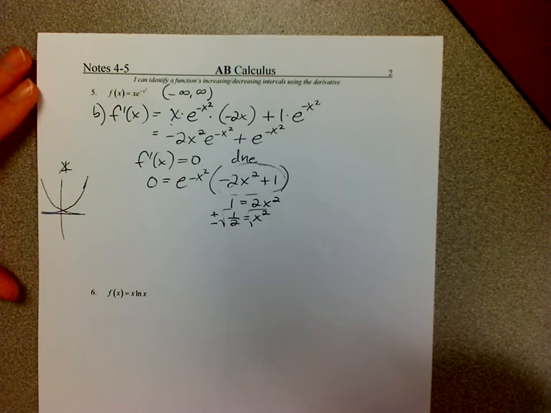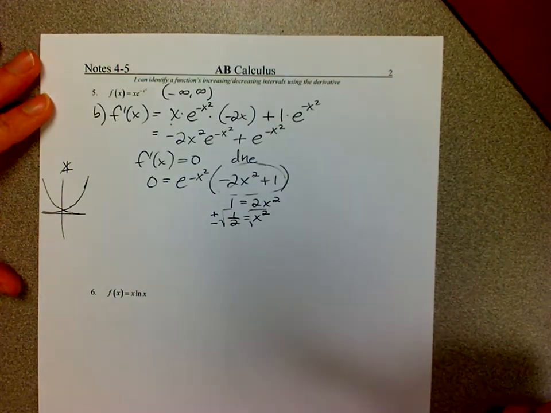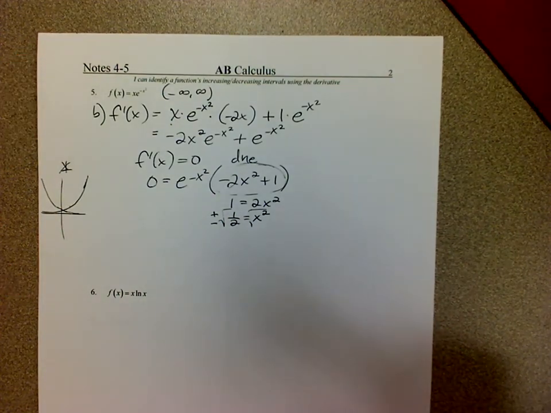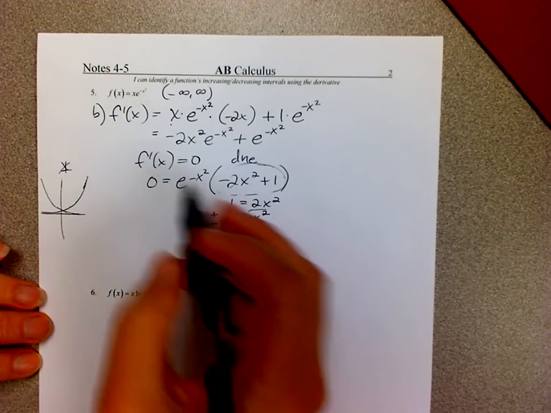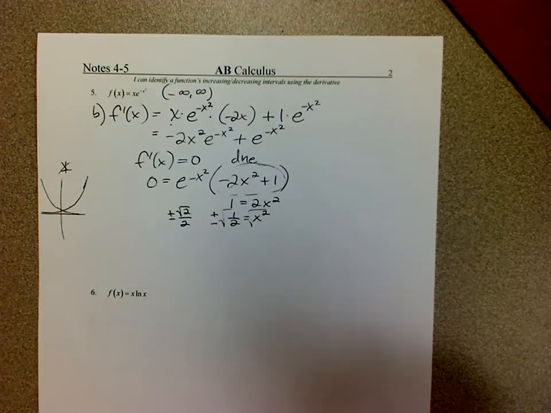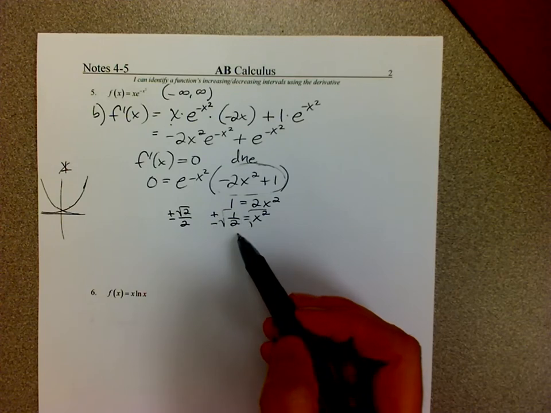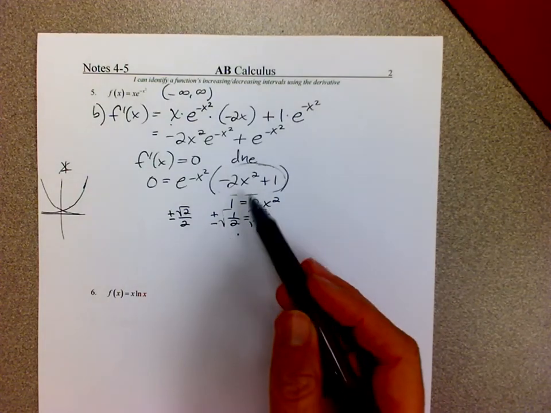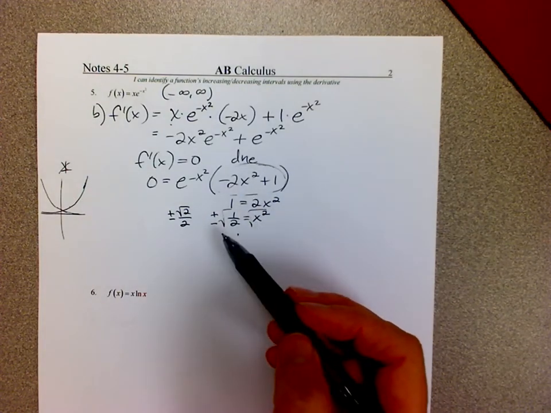A nice little tidbit about calculus, we don't care if you rationalize the denominator or not. So if you really, really want to, you can say this is the same thing as plus or minus square root of 2 over 2. But we in the AP world are perfectly fine with this as an answer. Okay, so now I have my 2 zeros, and that's all I really have.